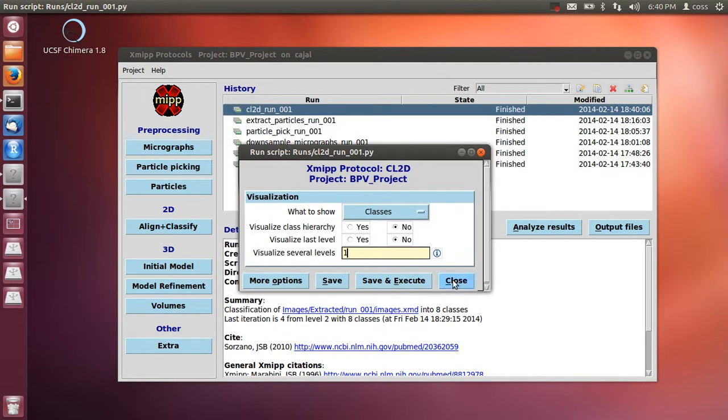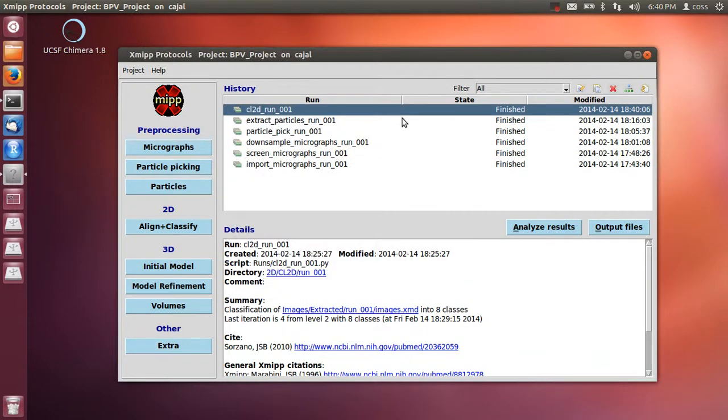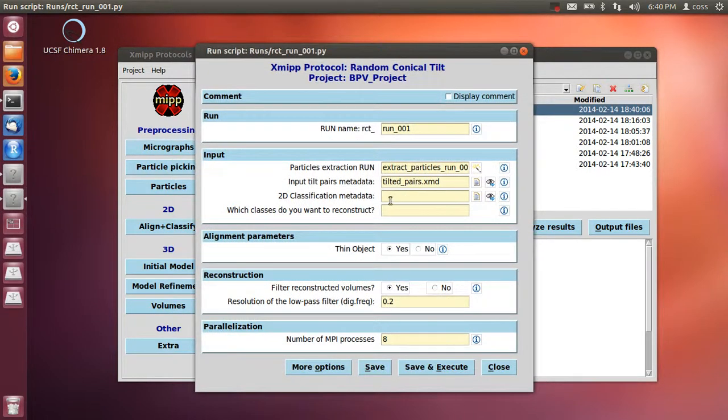Now we have a summary of our data that we like, and then it is time to go into 3D. To go to 3D, we first need an initial model. There are several possibilities. If you have performed random conical tilt in the microscope, then you may analyze it here. The input to the random conical tilt is normally a 2D classification metadata.